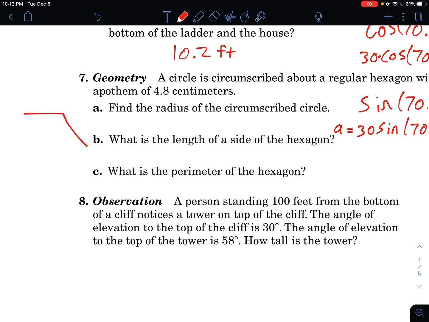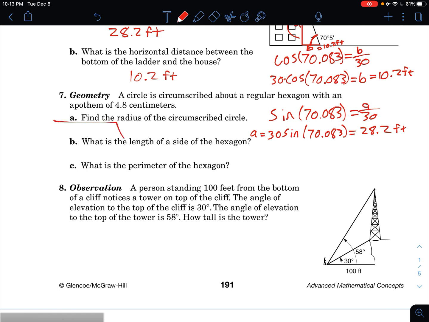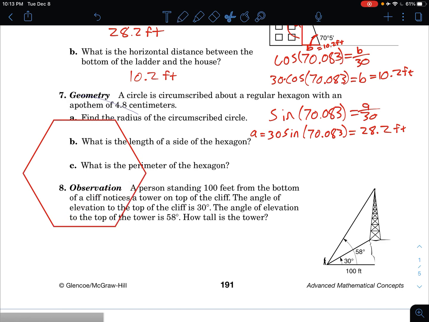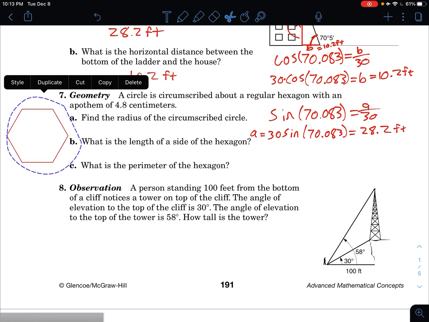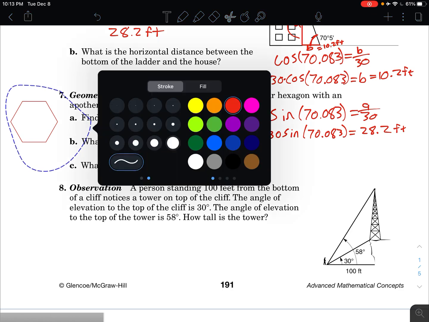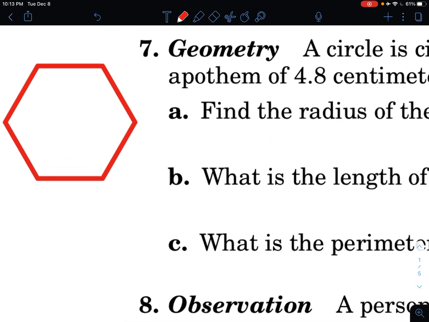If we have a hexagon, let's see if I can make one that will look like a regular hexagon. Hey, there we go. Alright, so a regular hexagon with an apothem of 4.8 centimeters.